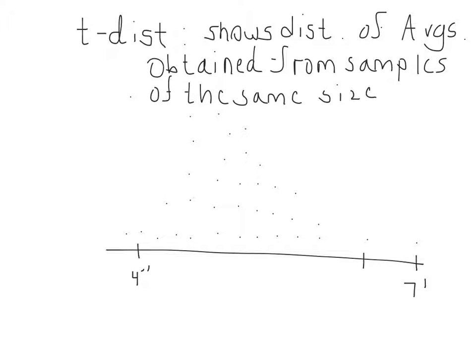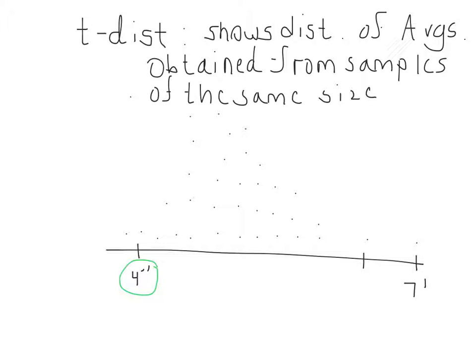So what we'll find is we probably would not get an average from a sample of 100 that is an average height of 4 feet. That would be like next to impossible because we know those are very short people, and an average of 100 people should be much closer to the true population average.